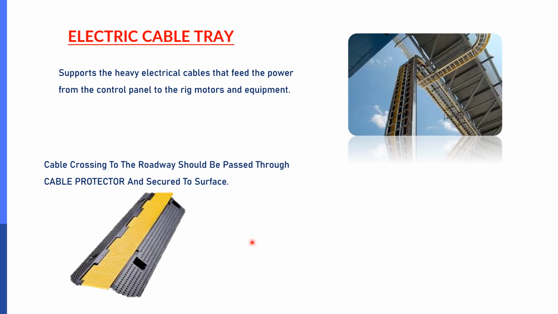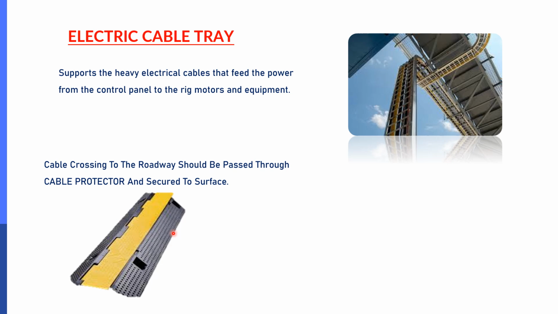And for example, what happens in the mini camp, where the electrical cables are passing, the cable protector should be used. This is an example of the cable protector. Why? Because the cable should not lie directly on the ground, because the crew walk that way.